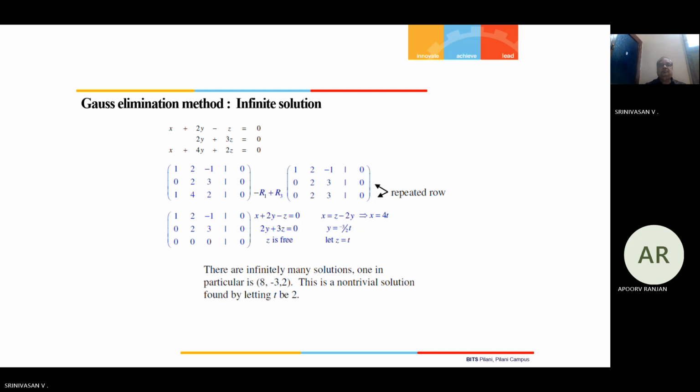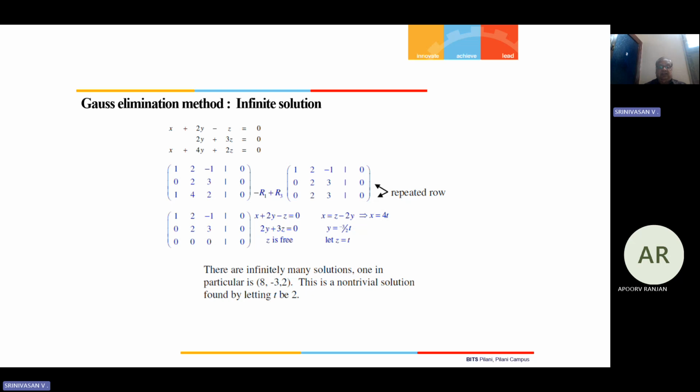What is the meaning here? 0 Z equal to 0. The coefficient of Z is 0, so we should not say immediately that there is no solution, because if you go further, Z is free.